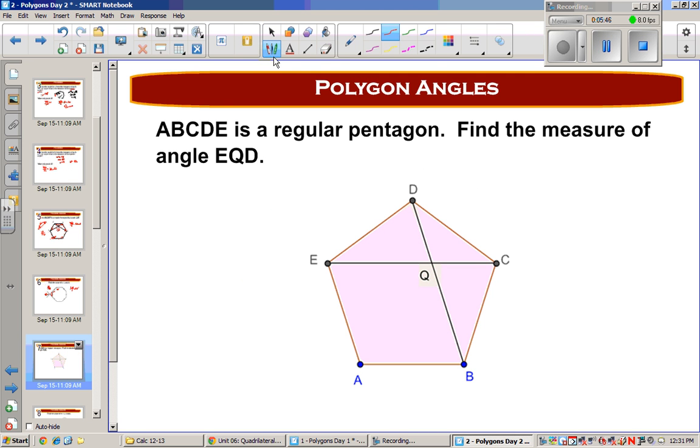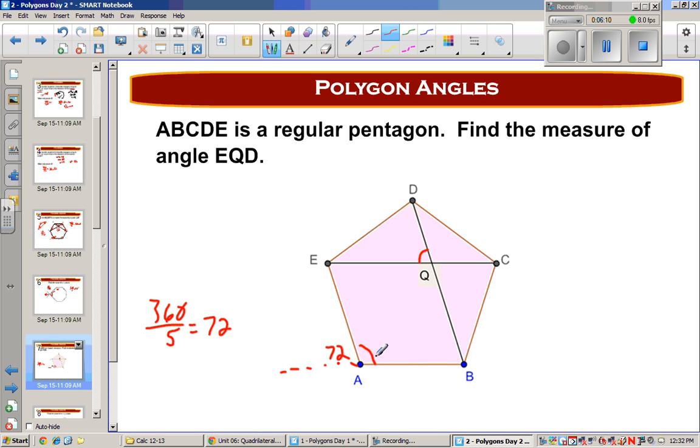This is similar to a previous one, so please pause the video and try to do it on your own. If I want to find this angle, or find angle EQD, which is this one, first I'd find this angle A by looking at the exterior. So I'd do 360 divided by 5, and that is 72.